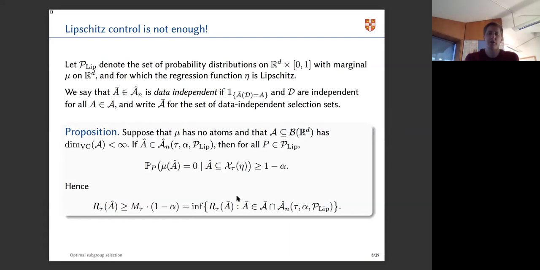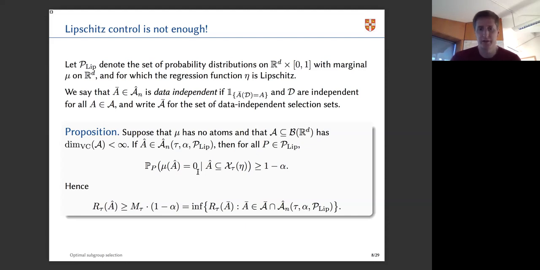So the rather negative conclusion of these hypotheses is that if my A hat controls the type 1 error probability over this class of Lipschitz regression function distributions, then with probability at least 1 minus alpha, it has to output a set of measure 0 whenever it is a subset of, or conditional on it being a subset of, the tau superlevel set of eta.